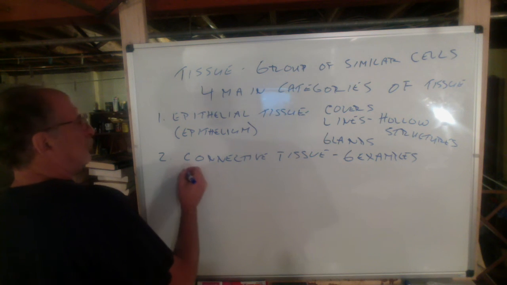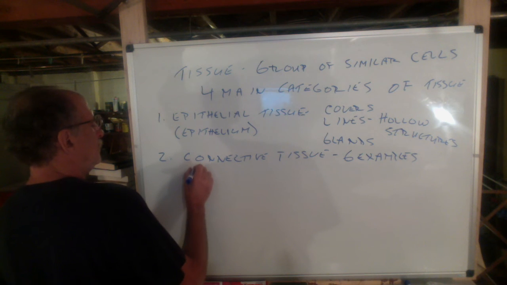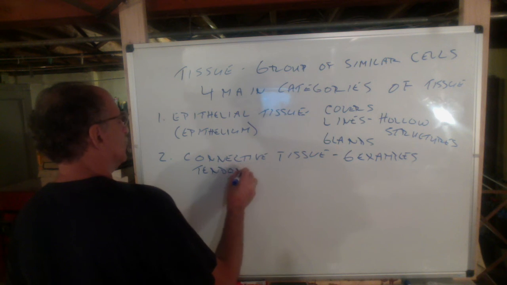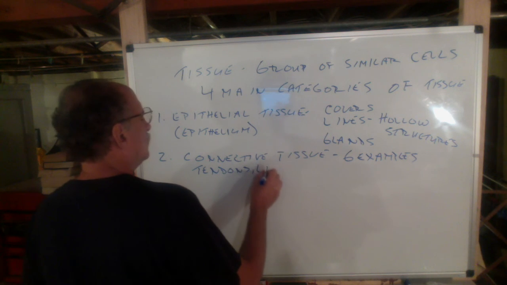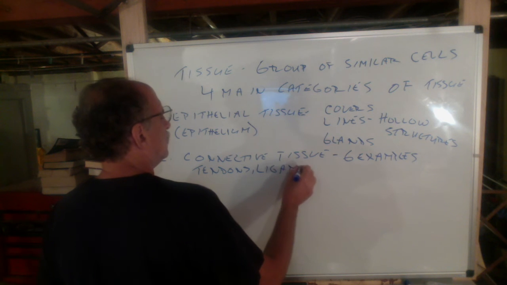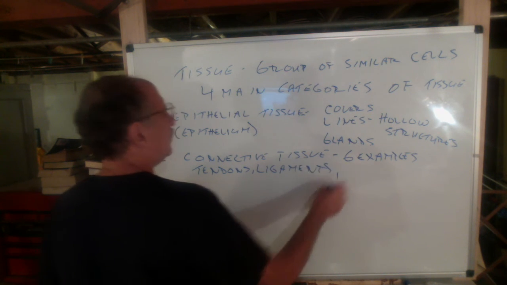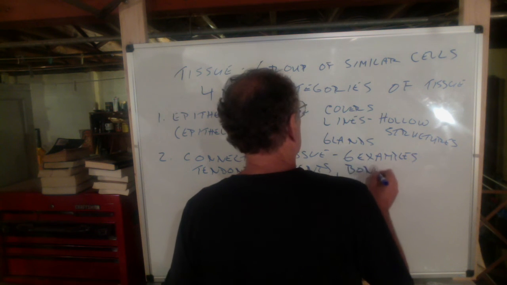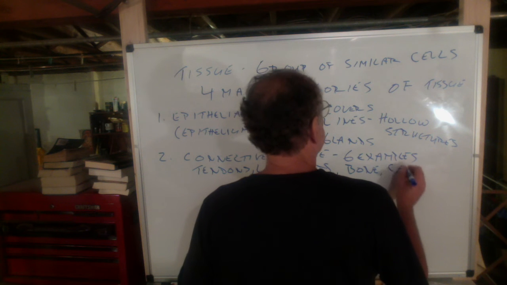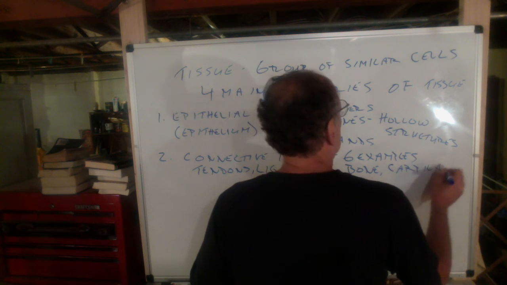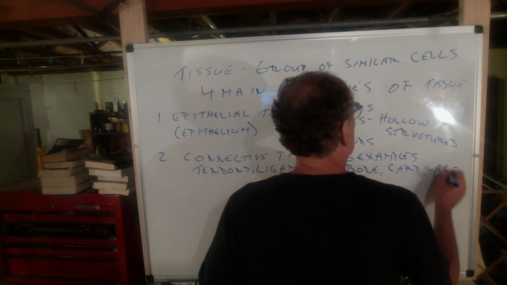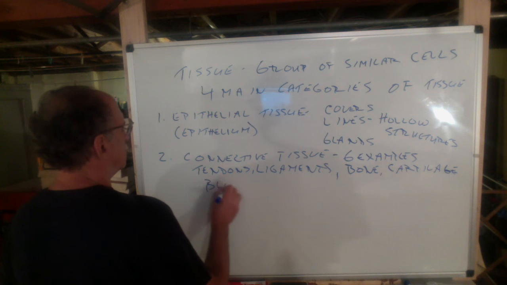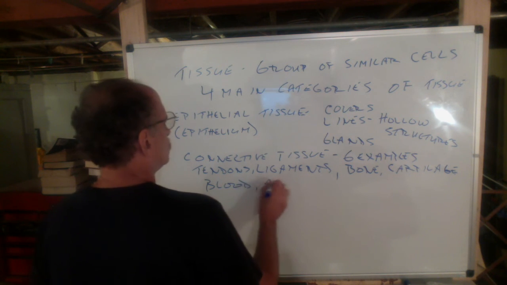And those 6 examples would be tendons, ligaments, bone, cartilage, blood, and adipose.